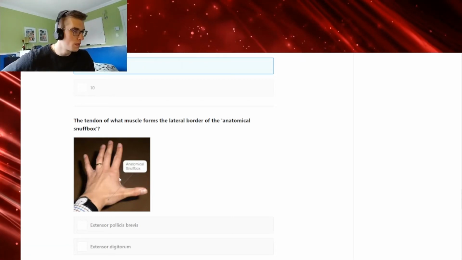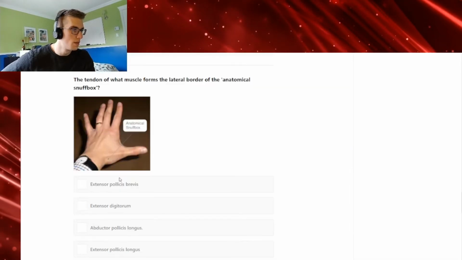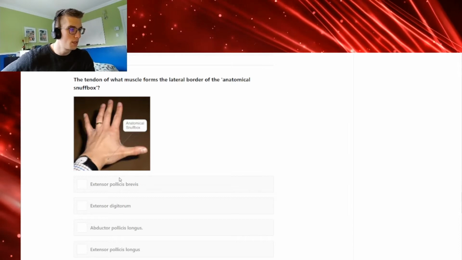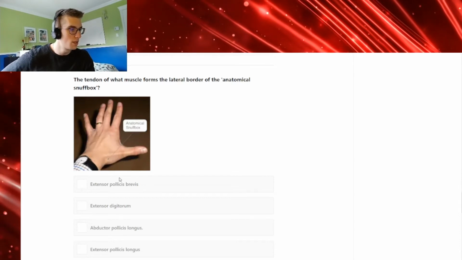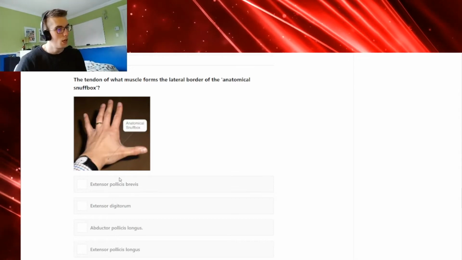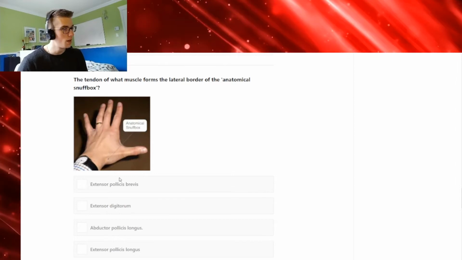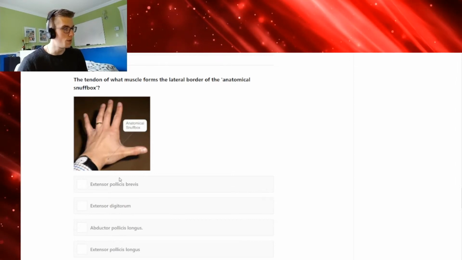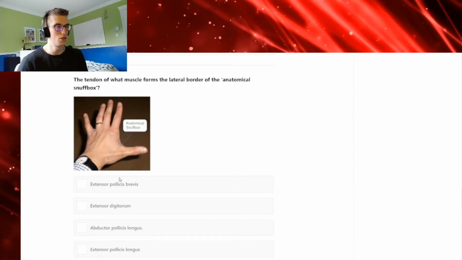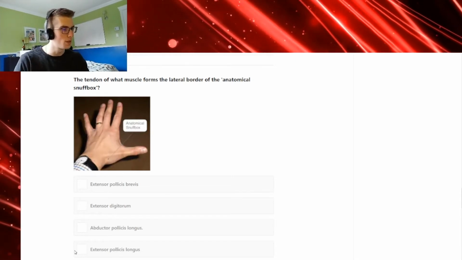Now we'll see what answers they gave us. Extensor pollicis longus, abductor pollicis longus, extensor digitorum, or extensor pollicis brevis. I'm pretty sure it's the extensor pollicis longus, but it's also the abductor pollicis longus. There's 2 of them, I think, but I'll go with the extensor pollicis longus.